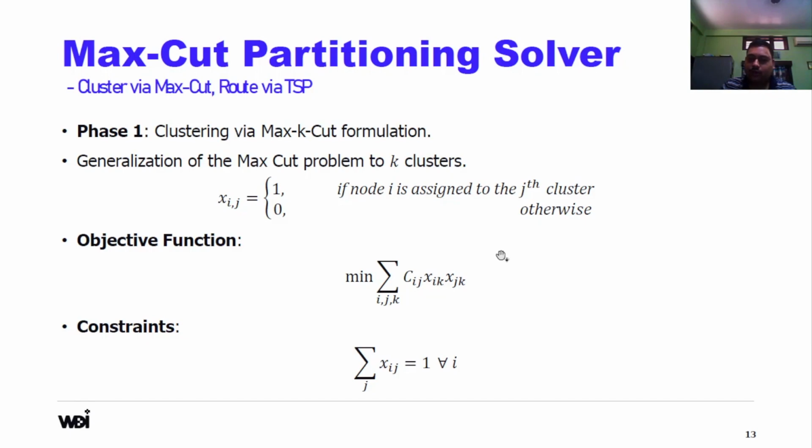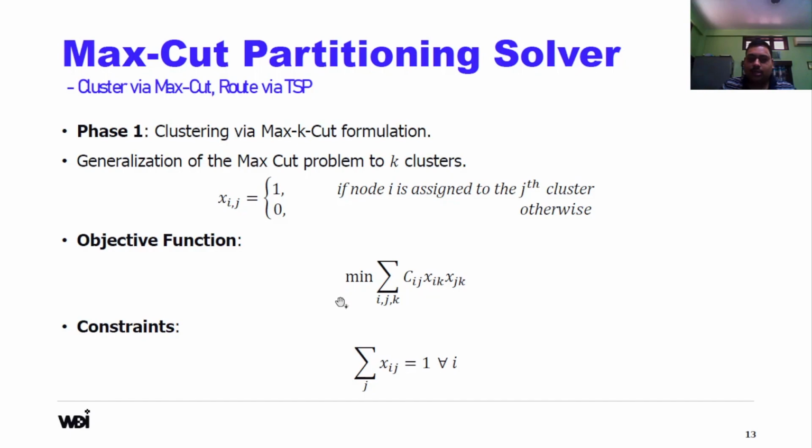Of course, every node has to be assigned to exactly one cluster. So we have this constraint in which, when we sum over j, that is the set of all clusters, for each node, we must get 1. It essentially says that every node must be assigned to exactly one cluster.